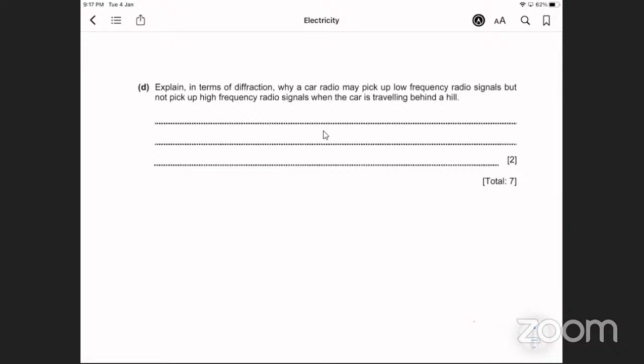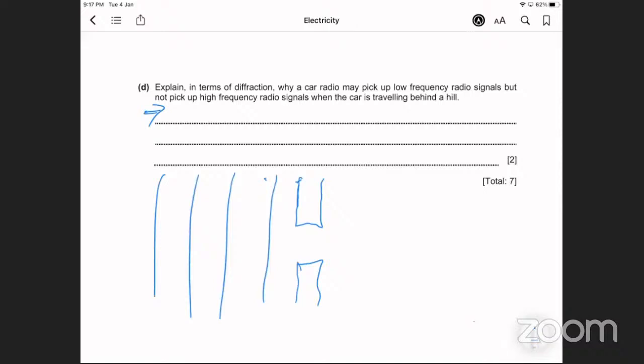Anything, guys? Do we know why it's picking up the low frequency and not the high frequency? So I'll just try to explain it like this. Your gap, and then your wave. This is my low frequency. Can you all see that? Yes, sir.